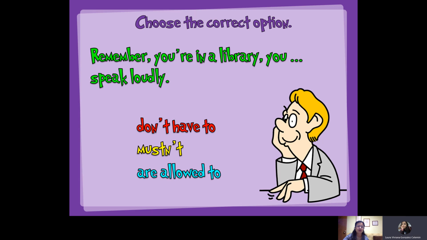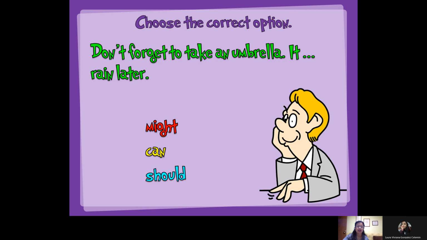Maybe you continue with problems with the internet. Look, this is the first one, mustn't. And now I am in the second one. Don't forget to take an umbrella. Listen, it might, it can, or it should rain later. Is it with might, with can, or with should? What do you think is the appropriate modal?